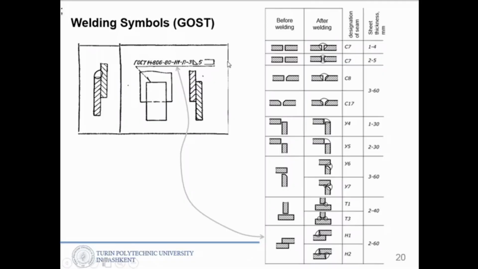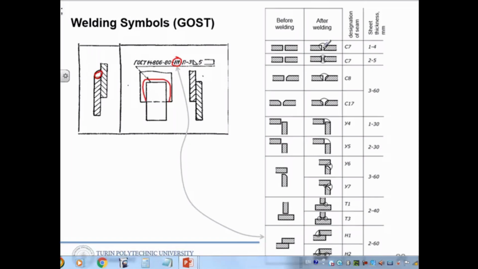Here the symbols, as I told you, have a capital letter and then the symbol. What is the meaning of this? That means the type of the welding. Here these sides should be welded. And what is the meaning of this?